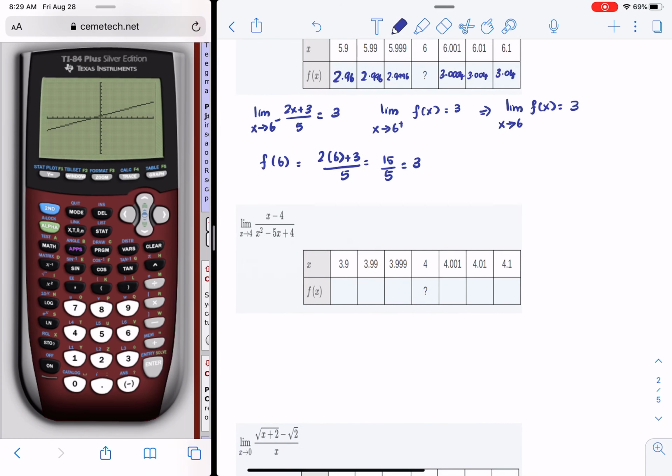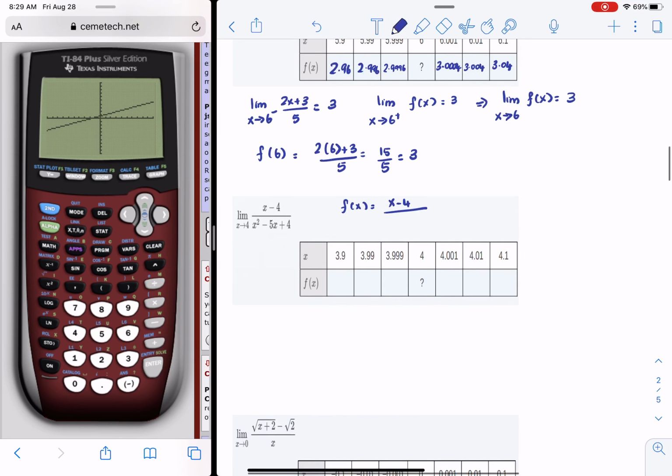It is always good practice to try and simplify the function prior to evaluating a limit. So in this problem, we have f of x equal to x minus 4 divided by x squared minus 5x plus 4, which I could write as x minus 4 divided by x minus 1 times x minus 4.